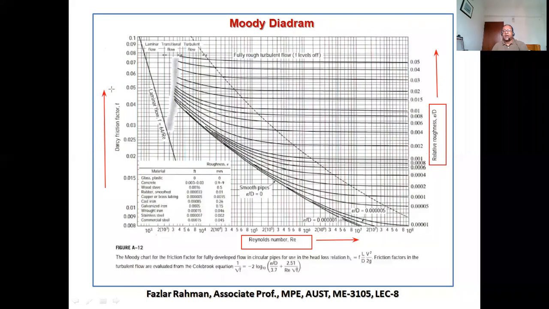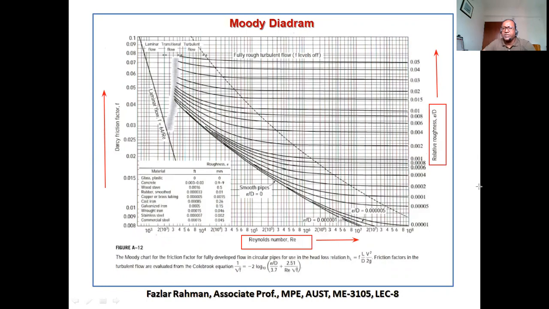Now, how will you use it? At first, you figure out epsilon by D, but you need to remember that surface roughness might be given in inch or millimeter or micrometer, but D and surface roughness have to be put in the same unit, because this is unitless, otherwise your result will be wrong.